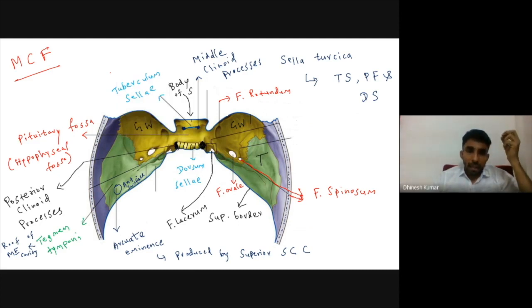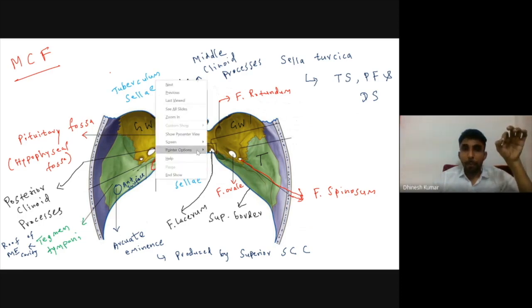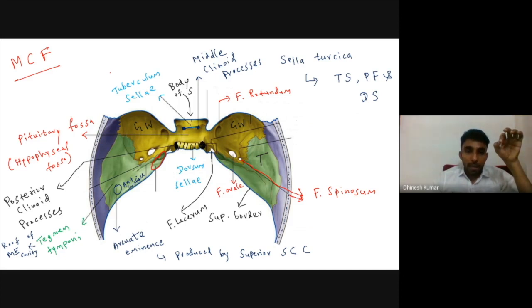And see here, this area is called the apex of the petrous temporal bone, which contains one depression called the trigeminal impression.